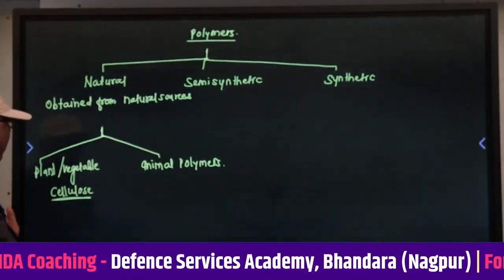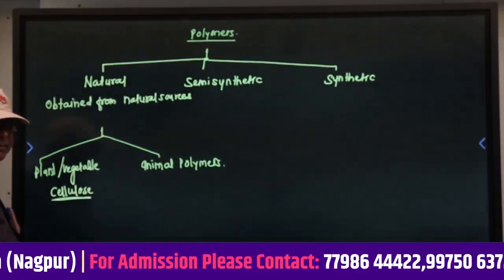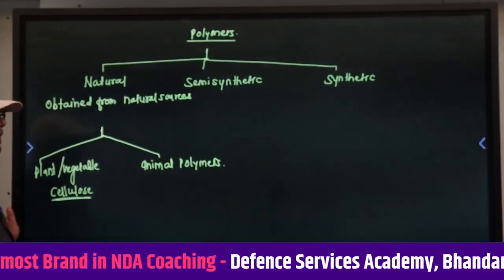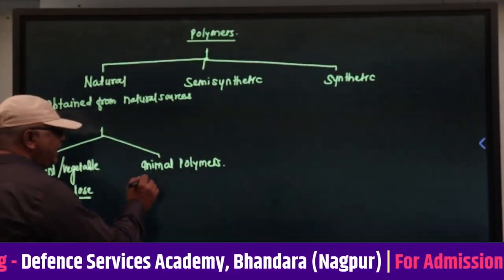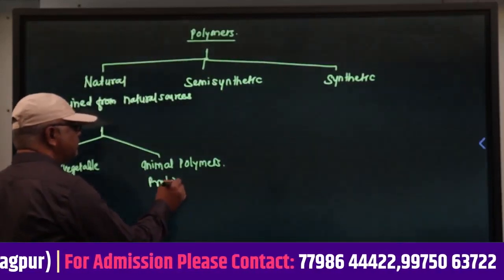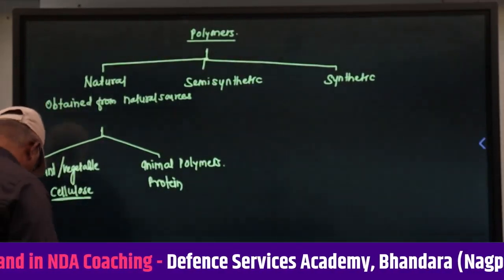Cadets, animal polymers are obtained from animal sources. And they contain protein in their structure, hence they are also known as protein polymers. Do you know the examples of plant polymers?